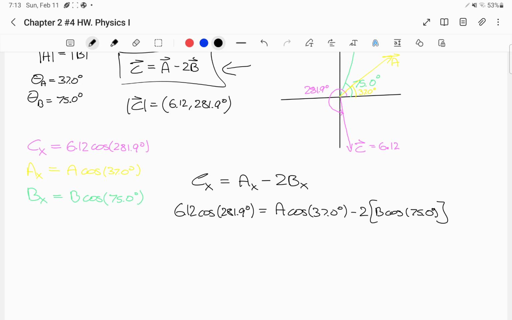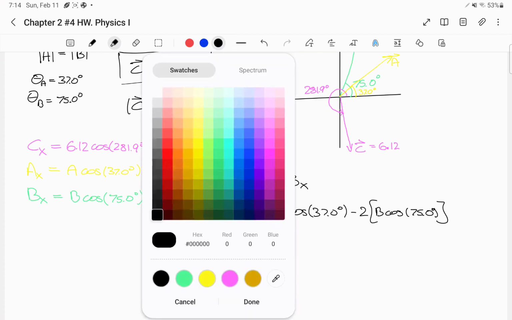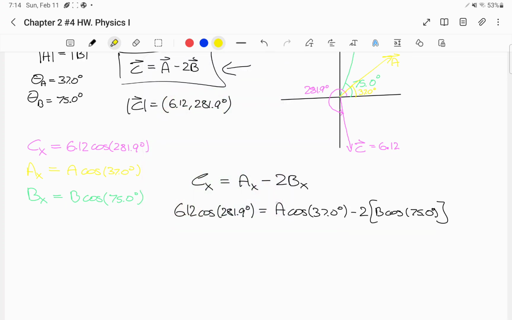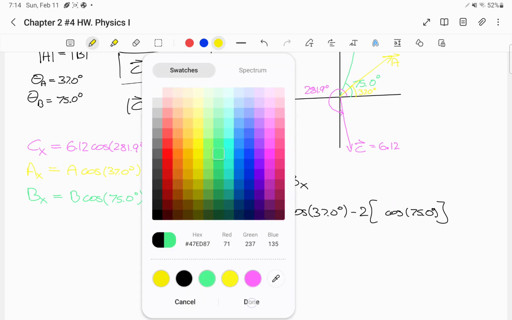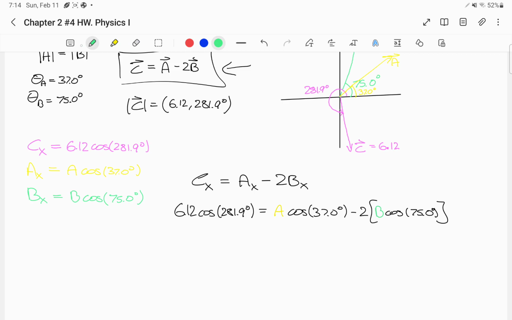Now, because the magnitudes of A and B are the same, we're just going to call both of those M.